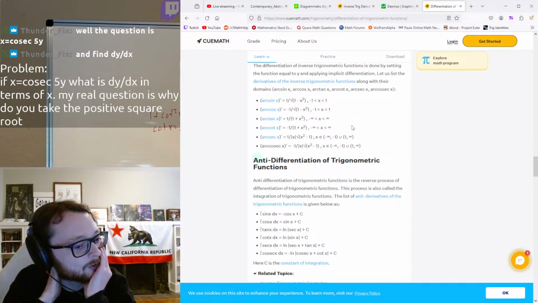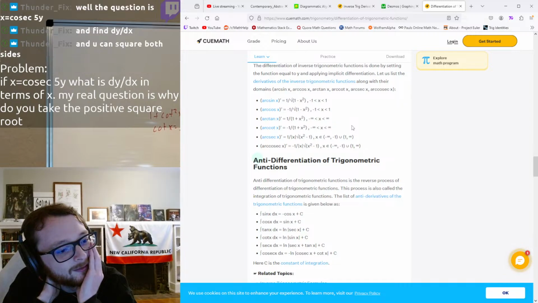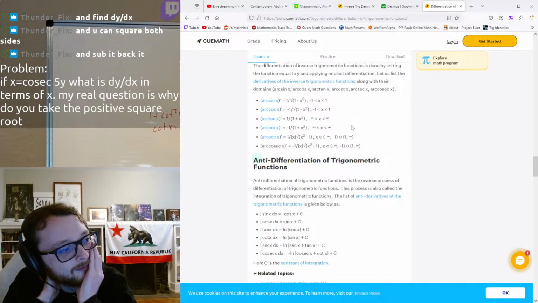You can square each side? Okay, if we're supposed to square each side, I guess we can do that, and sub it back in.